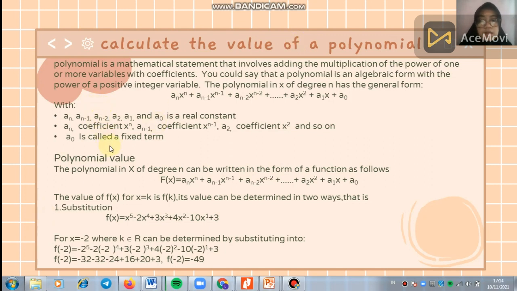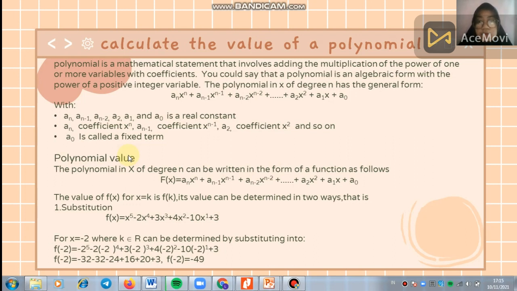Next, polynomial value. The polynomial in x of degree n can be written in the form of a function as follows: f(x) = a_n x^n + a_(n-1) x^(n-1) + a_(n-2) x^(n-2) + ... + a_2 x^2 + a_1 x + a_0.